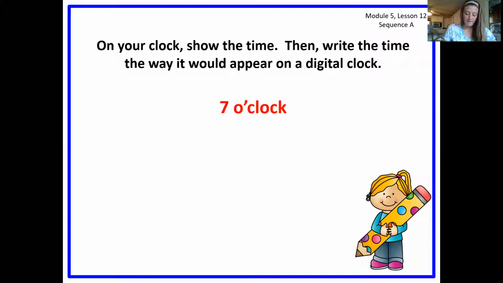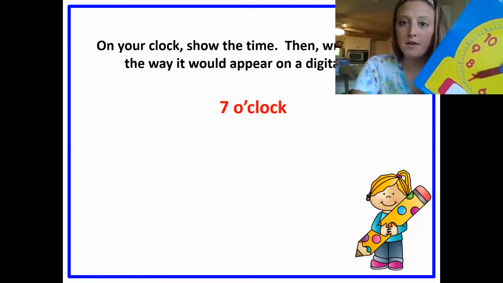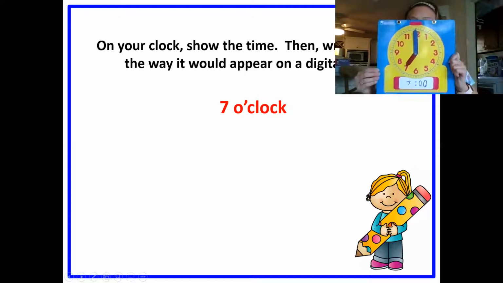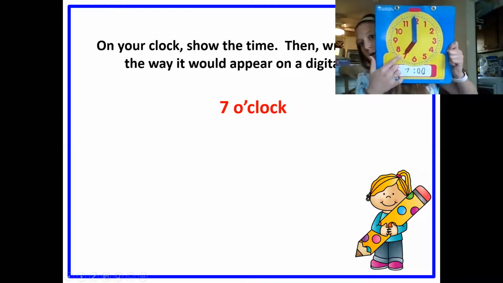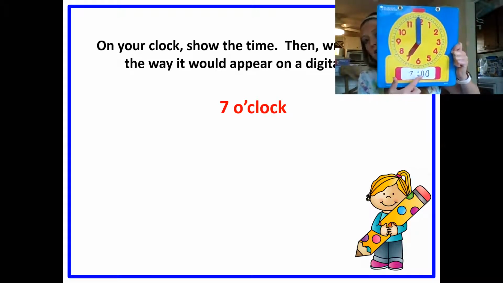If you need more time to draw your clock so you can use it, go ahead, and this is what it would look like. Let me make my screen a little bit bigger for you guys to see. Okay, there you go. This is what 7 o'clock looks like. The hour, the minute, 7 o'clock.